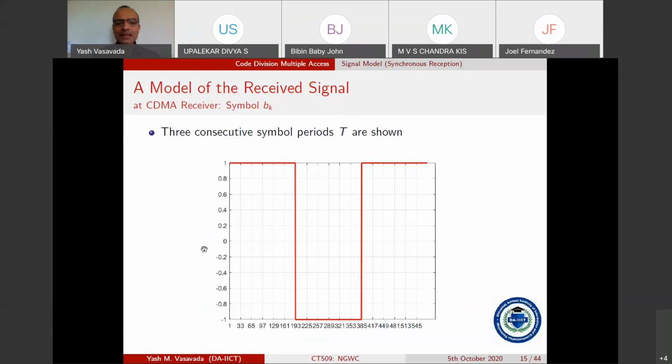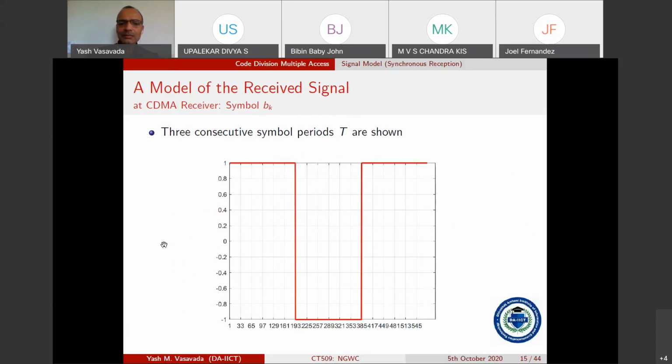Who can tell me what is A of k in this diagram? One. No, A of k is not 1.